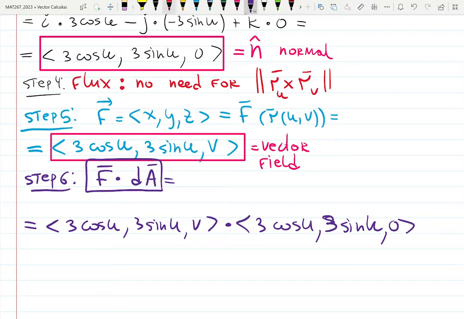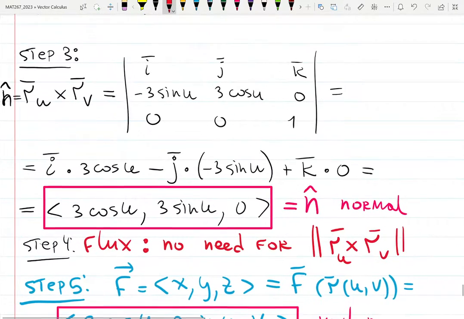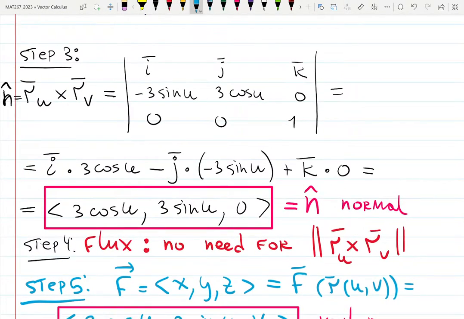So before that, you know what I need to check? I need to check if n should reverse the sign or not. Should we use n or minus n? So how to do that?